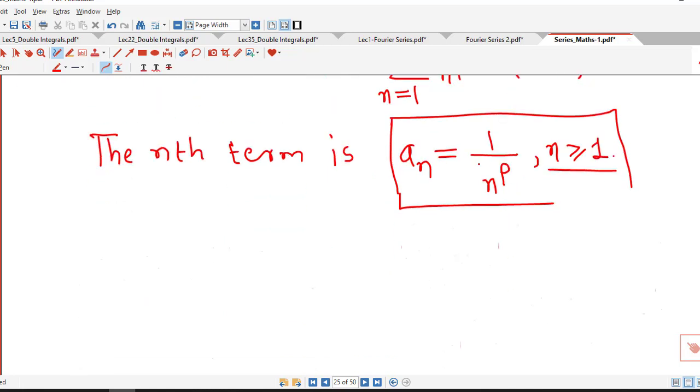Now for this p power we have two possibilities, either the power is positive or the power is negative. So we first consider the case of p less than 0. We consider case 1: we discuss the convergence when p is negative.